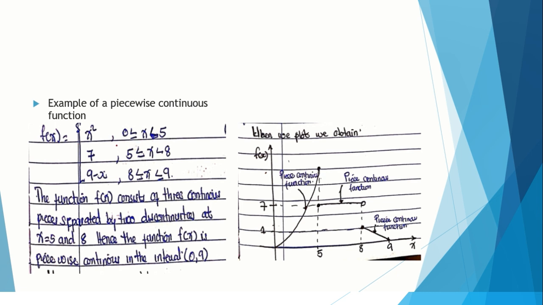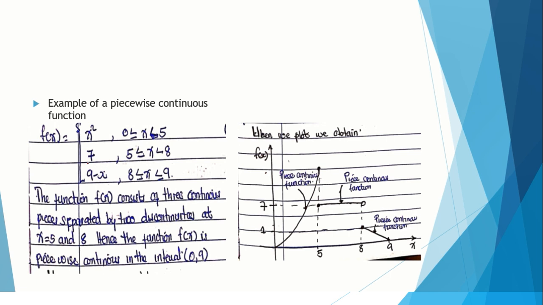And for the next piece, it's going to give us a jump discontinuity. It means the discontinuity is there, but the value does not go to infinity. If f(x) is equal to 7, it is going to be in the range 5 less than or equal to x less than or equal to 8.